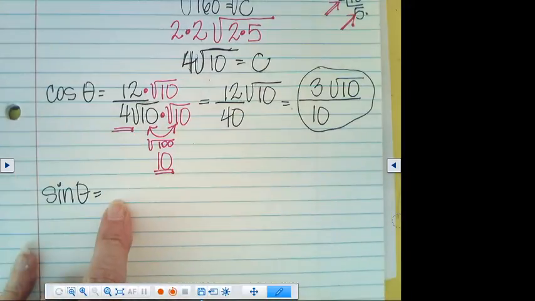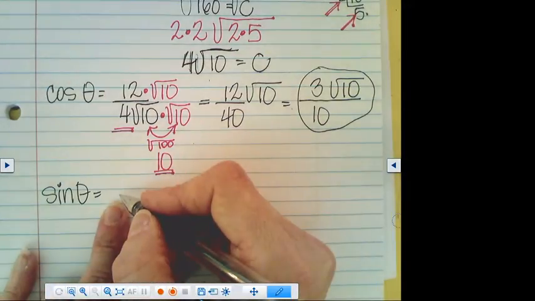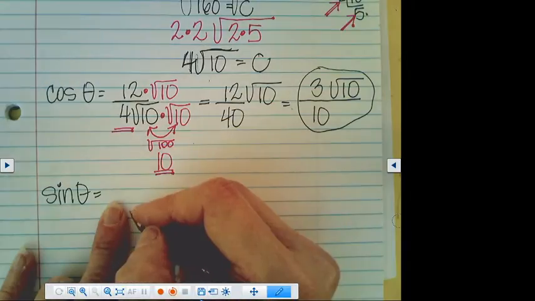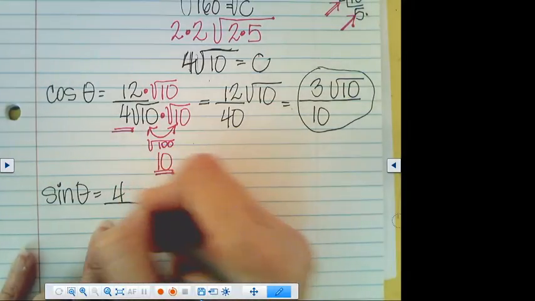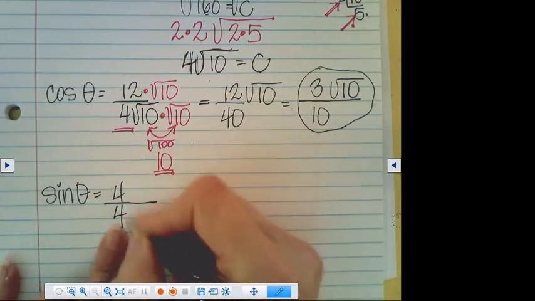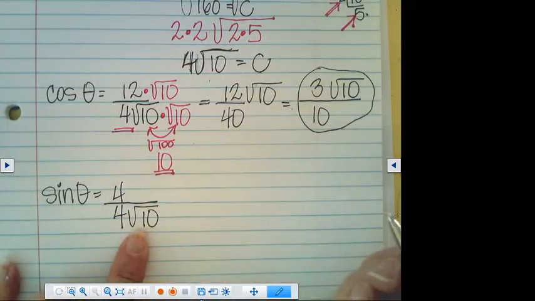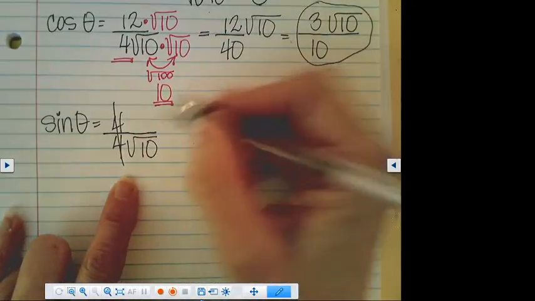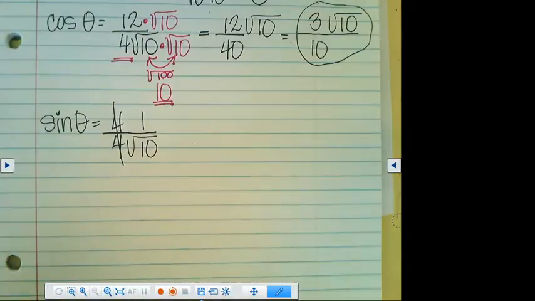All right, what's sine? Opposite over hypotenuse. Opposite is 4. Hypotenuse is 4 square roots of 10. Let's go ahead and knock out those 4s. All right, what have you got to do?